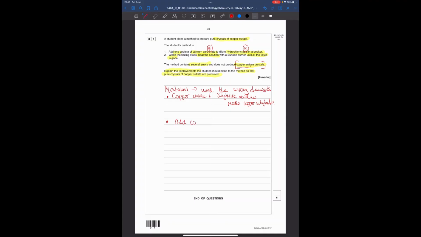So you add copper oxide until excess, which means you keep on adding it until the reaction stops. And that shows that all the acid has been neutralised.